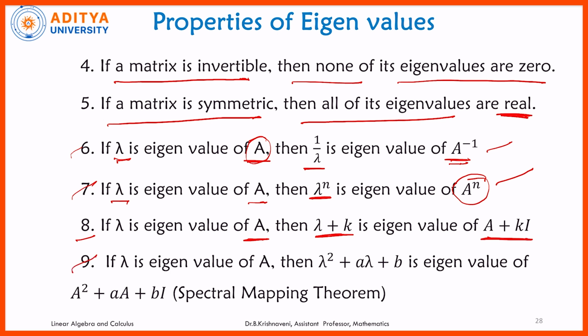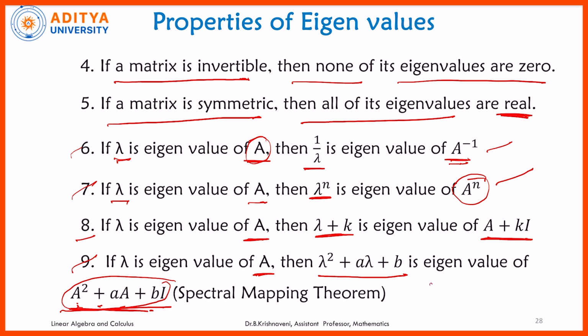Now the ninth property: if lambda is an eigenvalue of A, let us consider a polynomial, say A squared plus aA plus bI. For this polynomial, the eigenvalue will be lambda squared plus a lambda plus b.